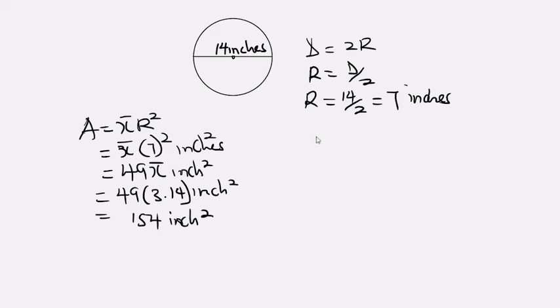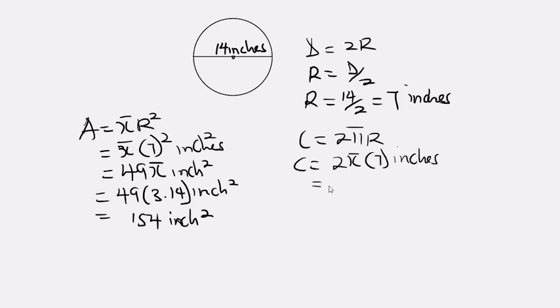Now let's find the circumference of this same circle. We know that the formula for the circumference of a circle is given as C equals 2 pi r. Now we have the radius to be 7 inches. So we have 2 pi times 7 inches.